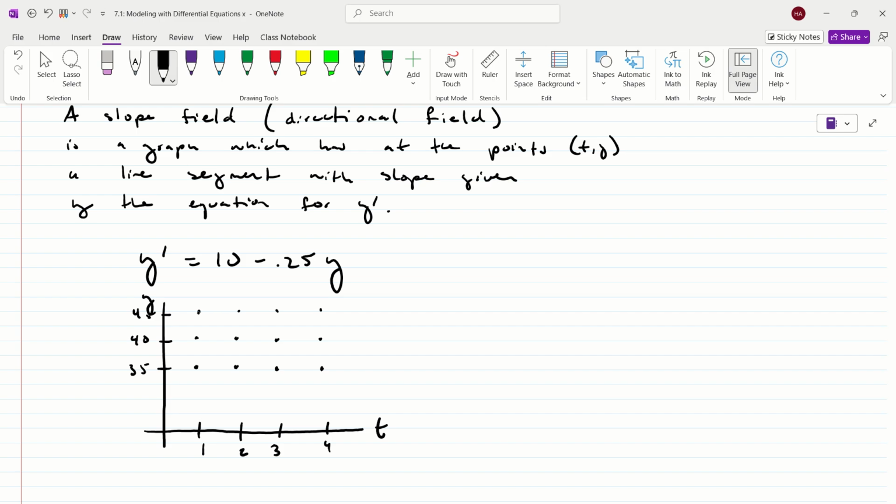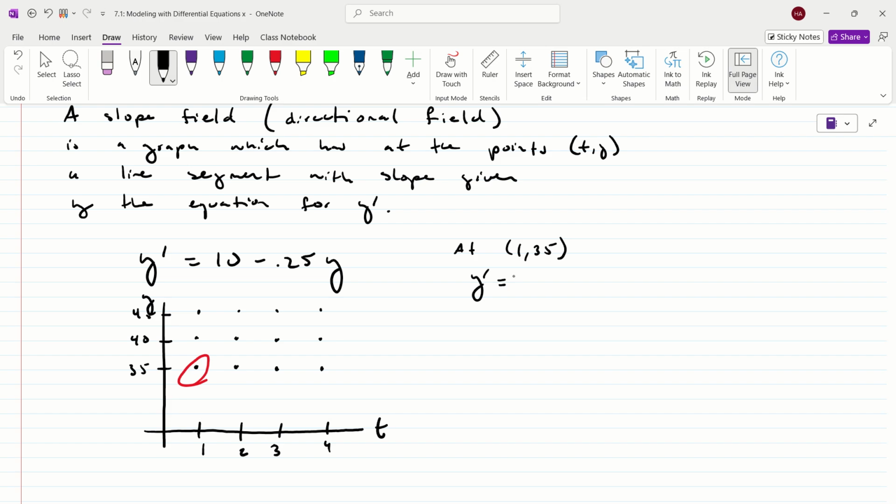For each one of these points, I'm going to go ahead and compute the derivative at those points. For example, let's say I'm focusing my attention on this point right here. So at the point where my t is equal to 1 and my y value is 35, let me go ahead and compute the derivative. So the derivative is going to be 10 minus 0.25 times y.